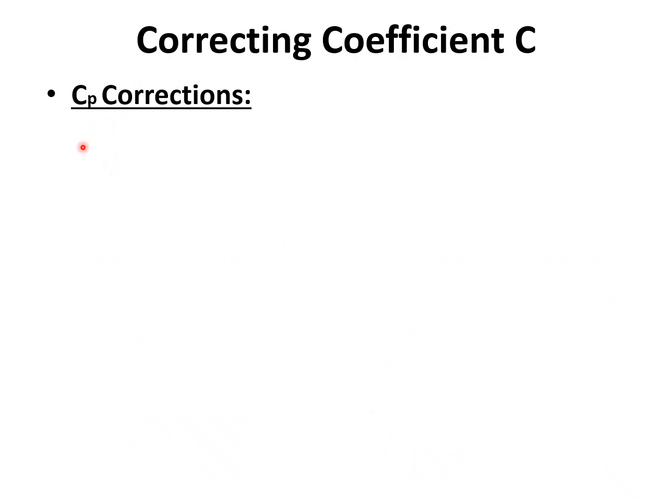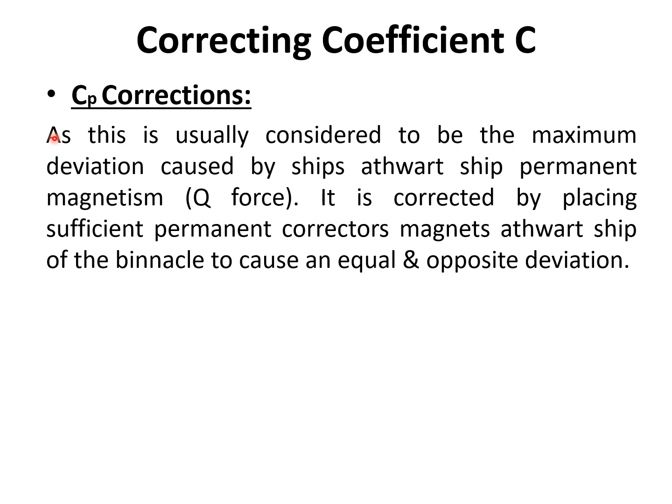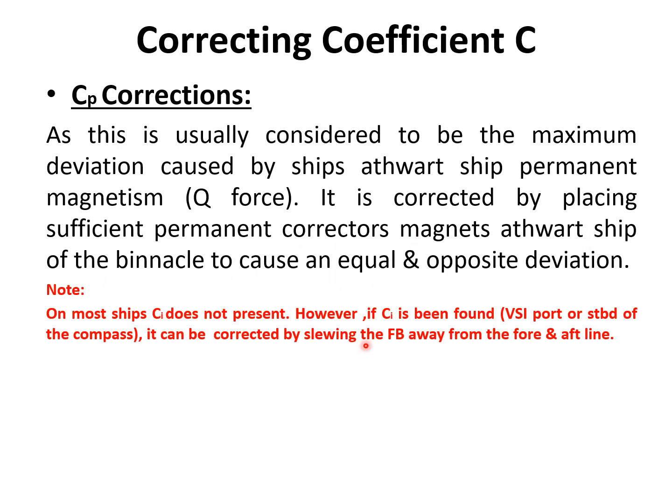So how to correct this coefficient C? Coefficient C permanent is considered to be the maximum deviation caused by the ship's athwartship permanent magnetism. So it is corrected by placing sufficient permanent magnets athwartship of the binnacle to cause an equal and opposite deviation, right?